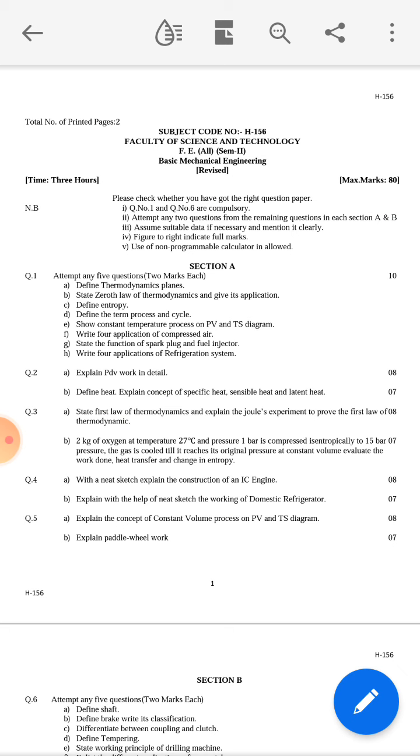Next, show constant temperature process on PVTS diagram, right? Constant temperature process. In the TS diagram, we have to draw the horizontal line, and in the PV diagram, we have to draw the corresponding curve. For application of compressor: in automobile section, in cleaning section, in spray painting section, right?